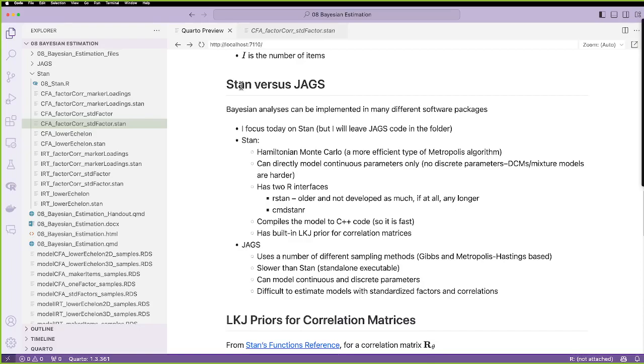Well, in 2 weeks we're going to talk about mixture models. A mixture model is basically a latent class a person gets assigned to, and that class itself is a discrete value. So you might be in class 1 or class 2. Those are themselves discrete, and the reason why Stan will not model that is the type of Monte Carlo it uses is called Hamiltonian Monte Carlo.